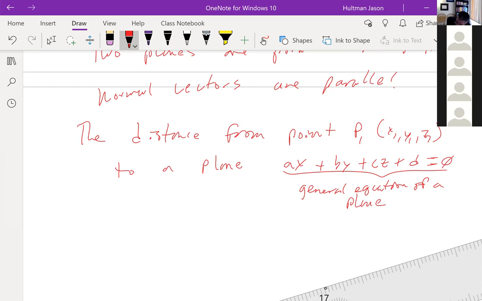Okay, so the distance from a point to a plane.